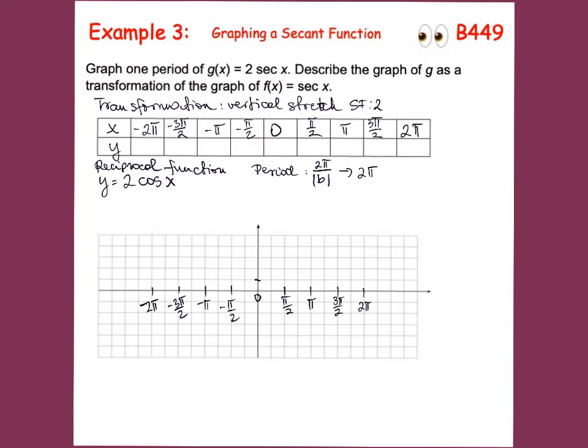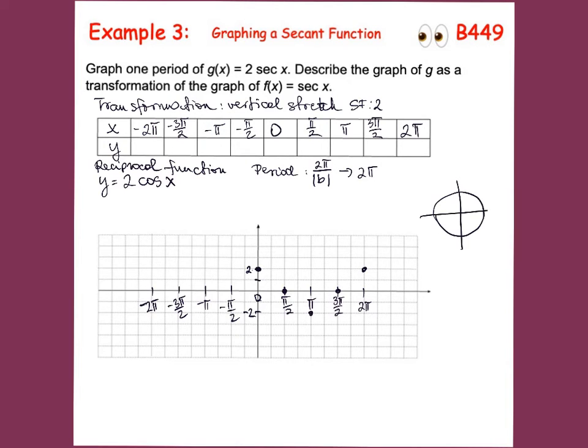And we are going to say that here is 2, and here is negative 2. We know the amplitude of the cosine function, the reciprocal function, is going to be 2. So here is our maximum point, our 0, our minimum point, our 0, and our maximum point of our cosine.